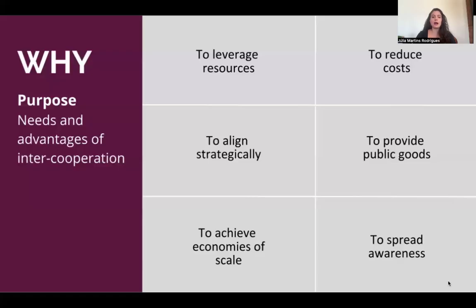This collaboration also helps them to cut costs. For instance, co-ops might negotiate bulk supply agreements, share a facility to lower real estate costs, or outsource expensive services like payroll and maintenance. Co-ops also align strategically to pursue common goals and expand their market reach.